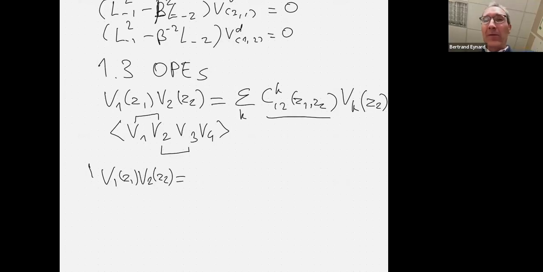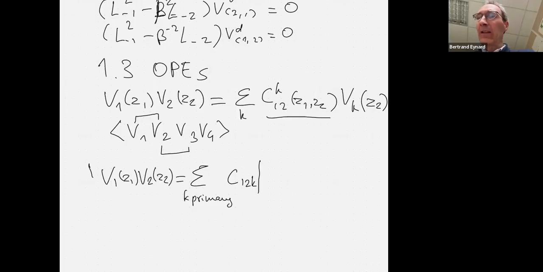So instead of having a sum over all fields, as we had before, we'll sum just over primary fields. And then we have some structure constant C_{12}^k, but now it doesn't depend on z1, z2 anymore. The z1, z2 dependence is known explicitly. Let me write it in the following form: z12, which is z1 minus z2, to the power Δ_k minus Δ_1 minus Δ_2, the conformal dimensions of the relevant fields.